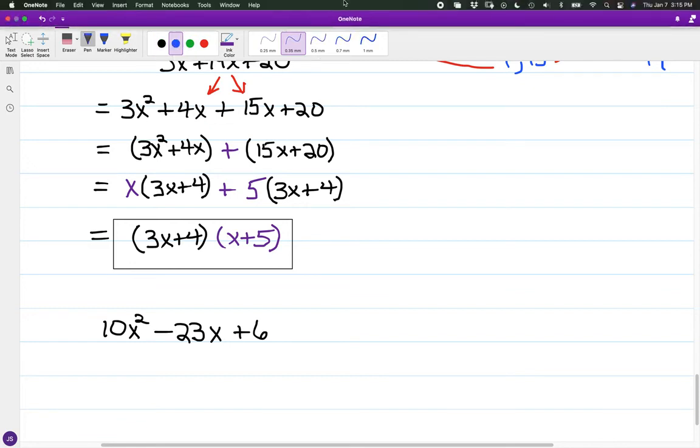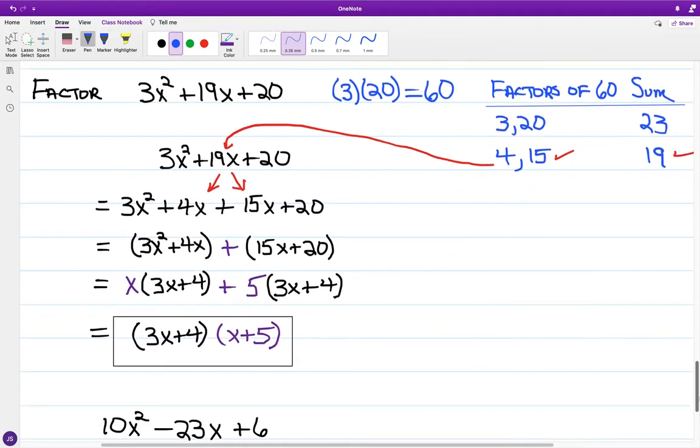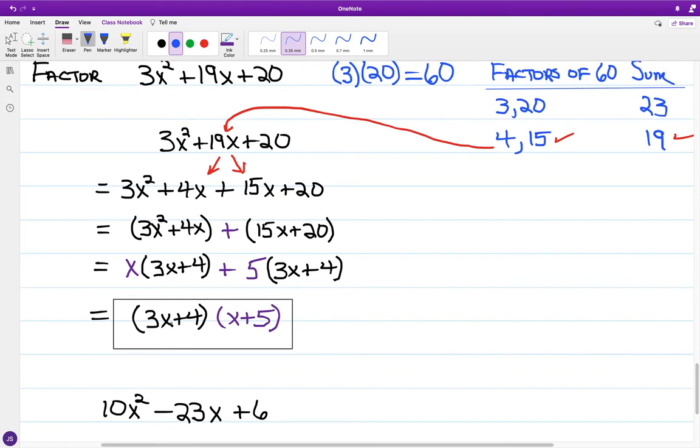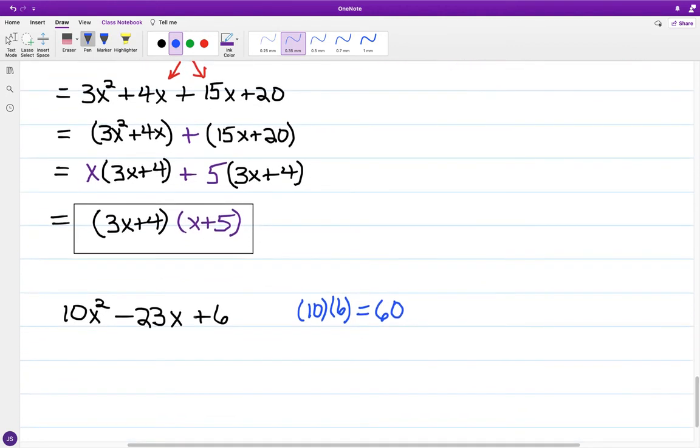For this trinomial, again, to initiate the process, we're multiplying the first and the last coefficients. This time we have 10 as the first, 6 as the last. This product is also going to be 60. And this time around we'll be looking at factors of 60 that will add up to negative 23.